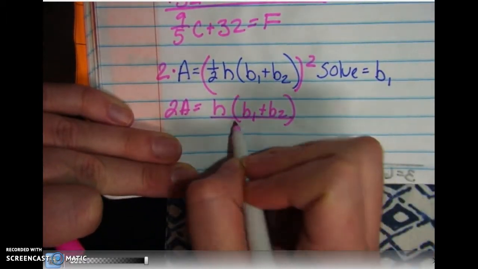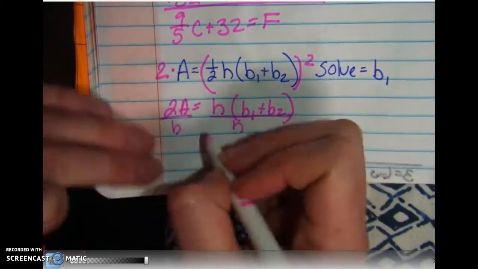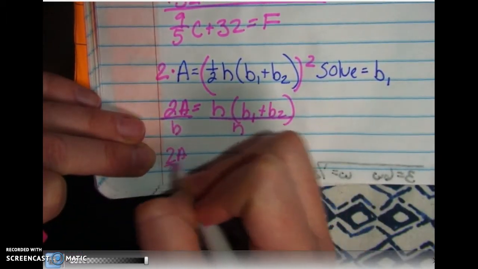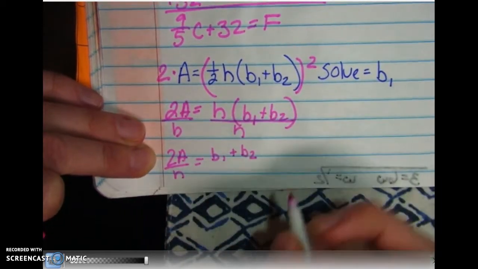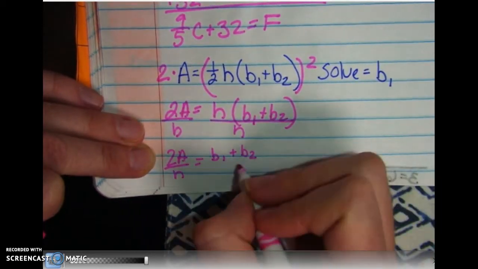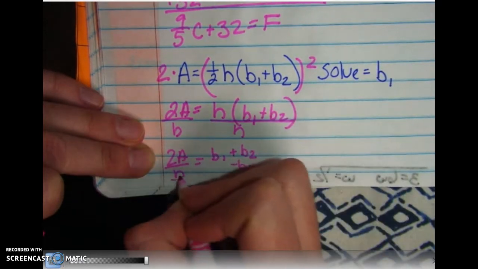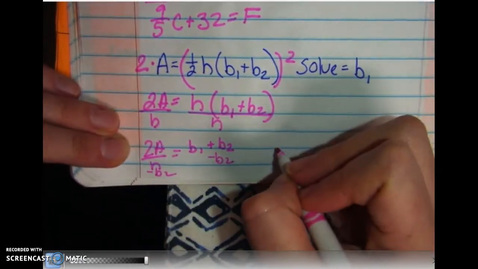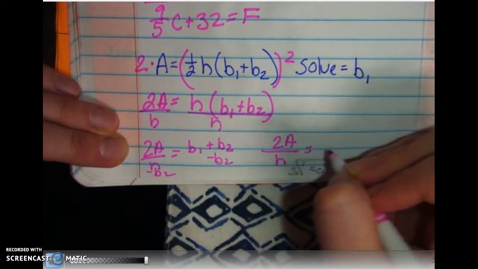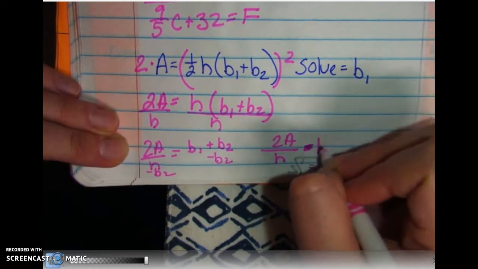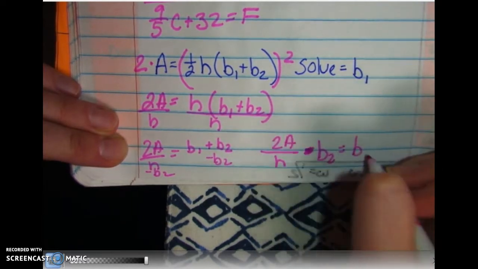Then I'm going to divide by h. So I'm going to have 2a over h equals b1 plus b2. And now I want b1 by itself, so I'm going to subtract b2. So I've got 2a over h minus b2 equals b1.